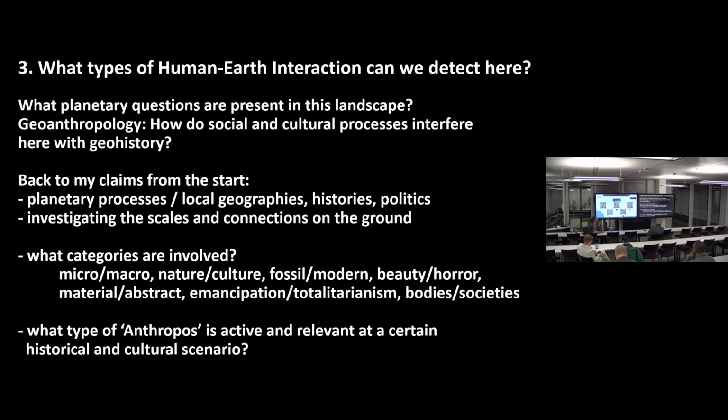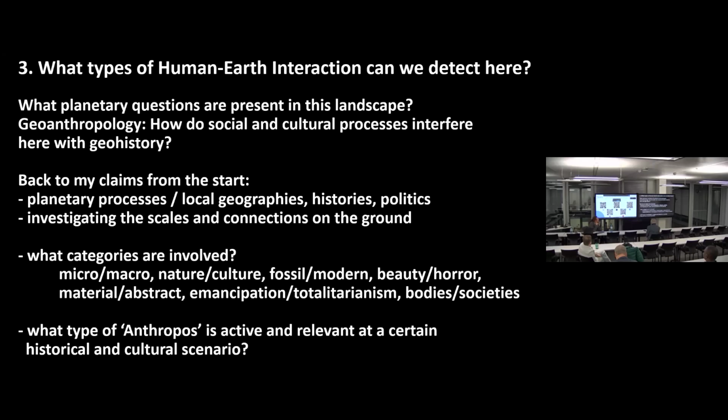So I am in my third chapter. What types of human-Earth interaction do we have in these local stories? So what planetary questions do we have here, and with the perspective of geoanthropology, what layers of history can we see here?